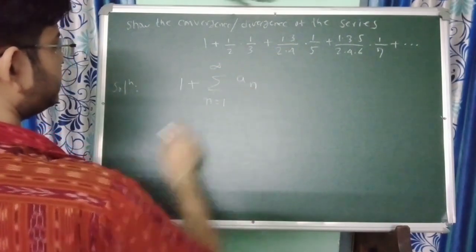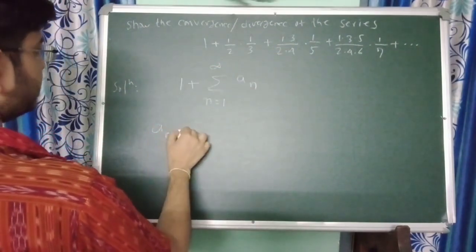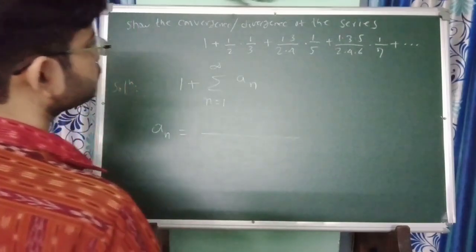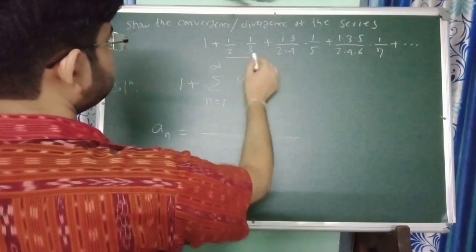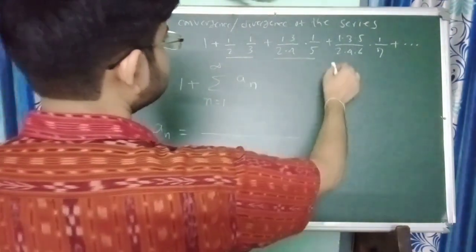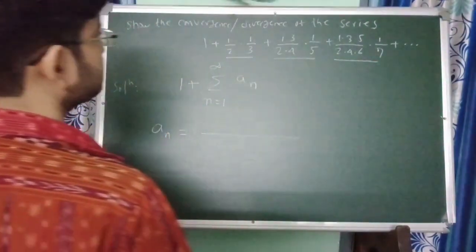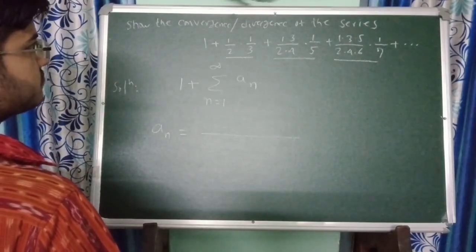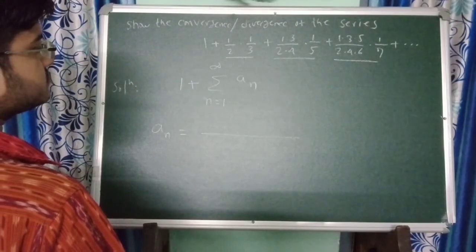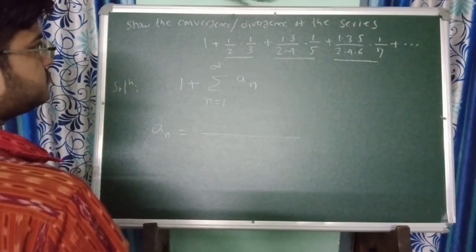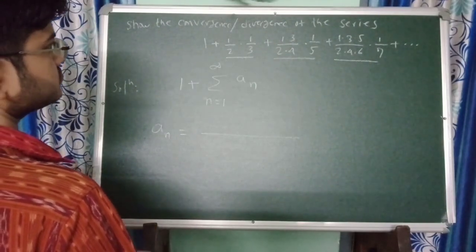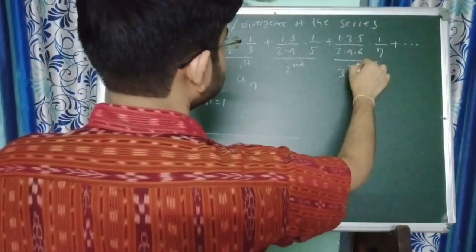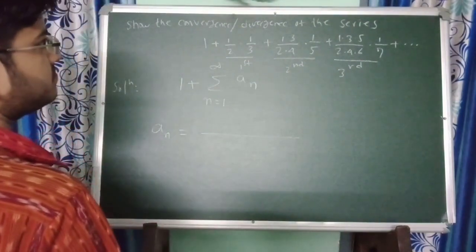The series also can be written as a n, where a n equals to, this is the first term, this is the second term, this is the third term, and so on. This is the first term, this is the second term, and this is the third term.